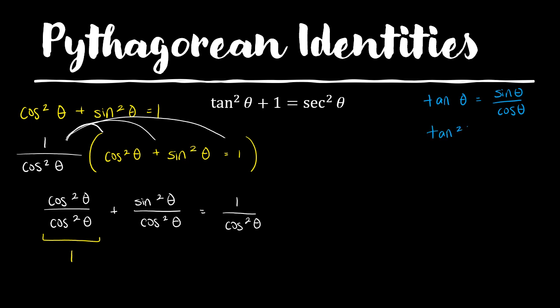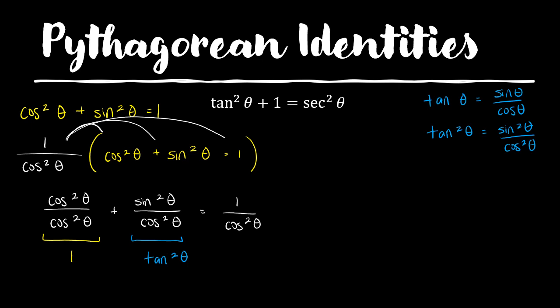Tangent squared of theta is equal to sine squared of theta over cosine squared of theta. And that's exactly what we have back over in our original equation. We can take this sine squared over cosine squared and say, oh, that's actually the same thing as tangent squared.